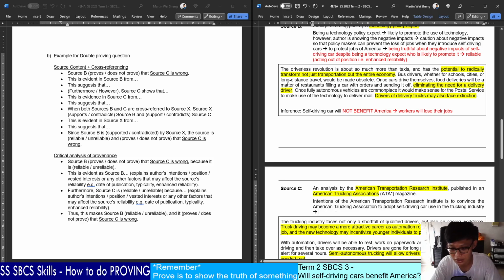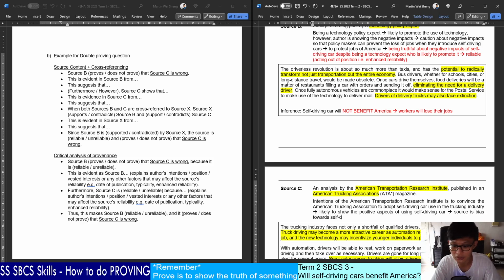So he is likely to show the positive aspects of using a self-driving car. Alright, so the source is biased towards self-driving cars, due to the vested interest of the American Transportation Research Institute.